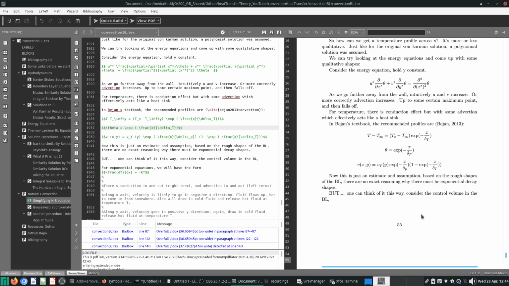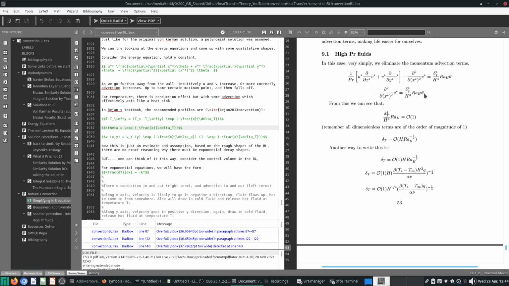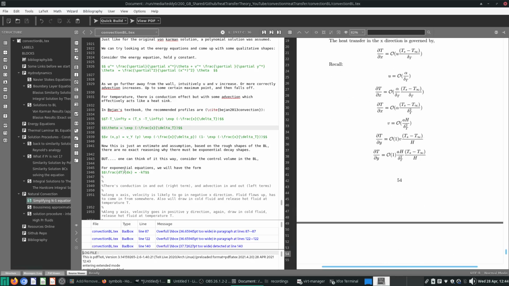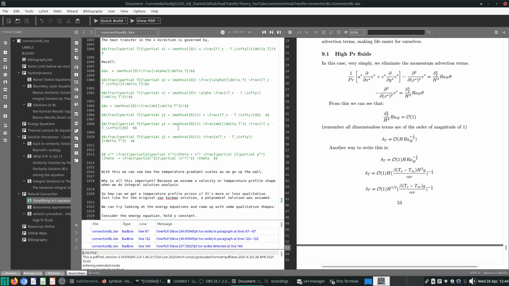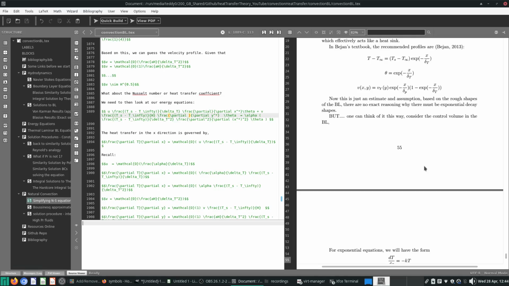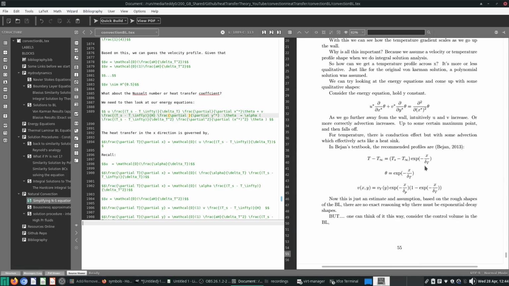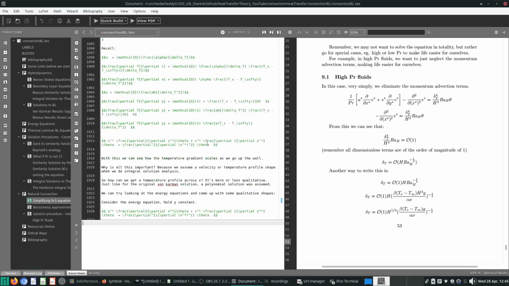Again, if we substitute theta back into our boundary layer equation for the fluid bit, let's substitute back into our boundary layer for high Prandtl number fluids.